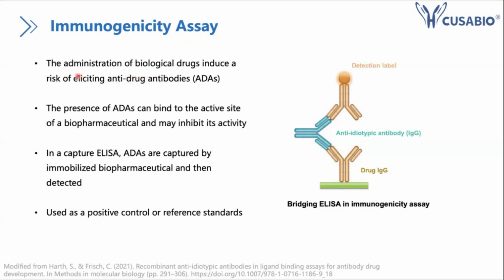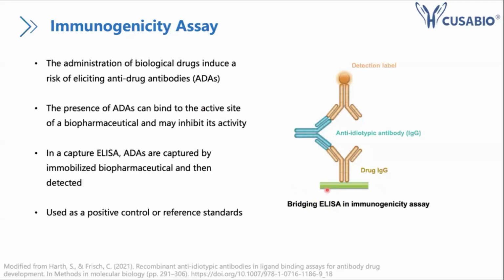Because this is to get rid of the risk of the existence of anti-drug antibodies. So you may be wondering what they are. Anti-drug antibodies sometimes will be produced after the administration of biological drugs, especially antibody-based drugs. Their presence can bind to the active site of the drugs and then inhibit the activity of the drug.